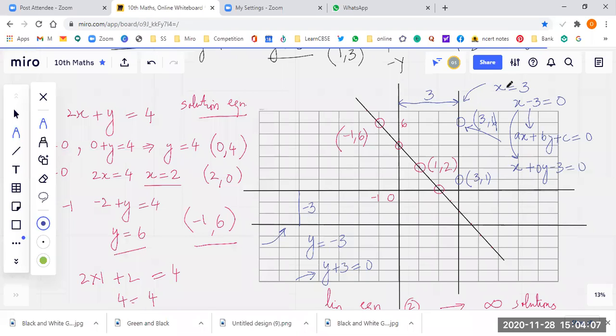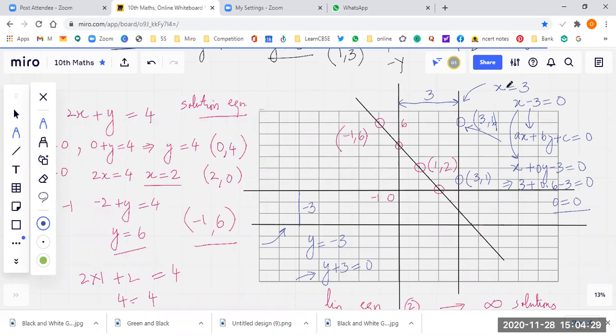Now I can put both x and y in this equation. So what will I get? x is 3 and y is 0 into 6, minus 3 is equal to 0. Is it right? Yes. 0 into 6 is 0. 3 minus 3 is equal to 0. 0 is equal to 0.